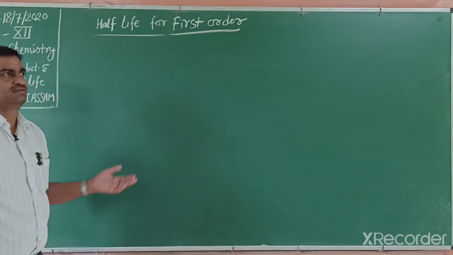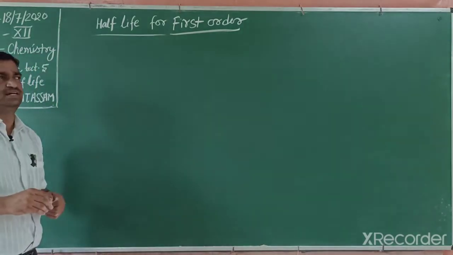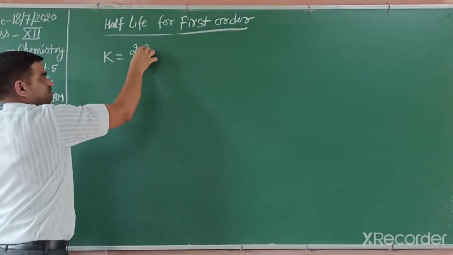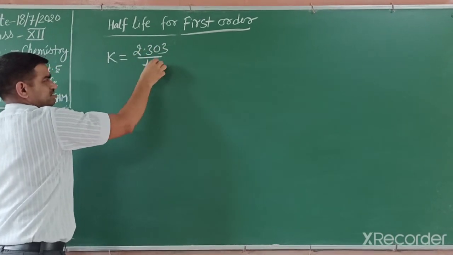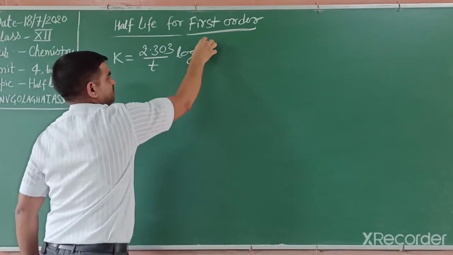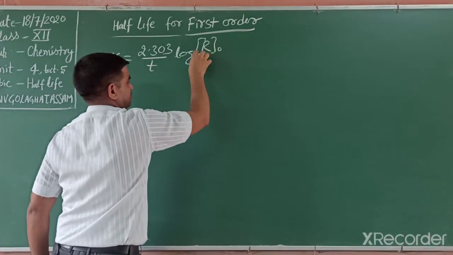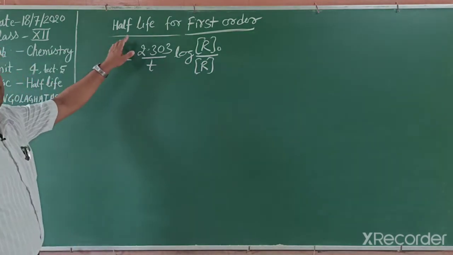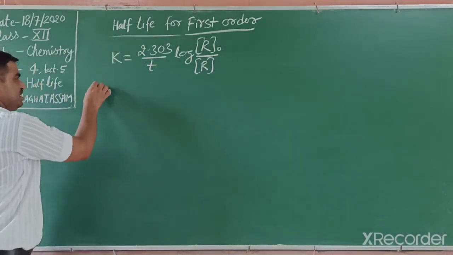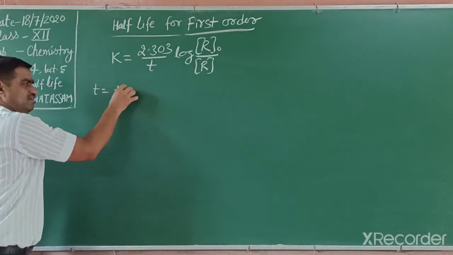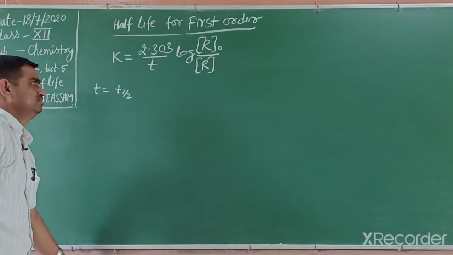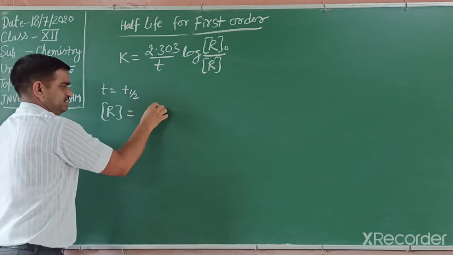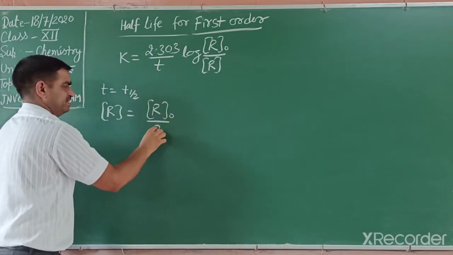Students, now we explain first order again. k is equal to 2.303 divided by t, log R naught, initial concentration, divided by final concentration of reactant. So we want to find the half life, meaning when t is equal to t half, the time remaining half, then in place of R we write initial concentration divided by 2.